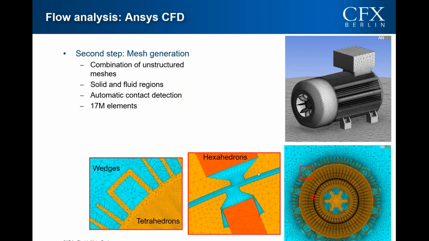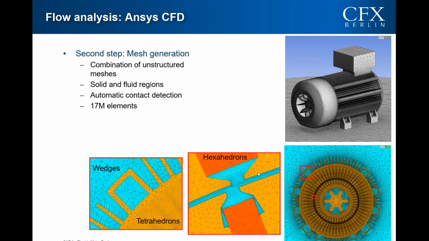The second step in CFD is the mesh generation. For complex geometries, we usually combine different element types and meshes. Those are created for the solid bodies as well as for the fluid regions. Care has to be taken when defining the mesh interfaces and thermal contact resistances between the bodies.